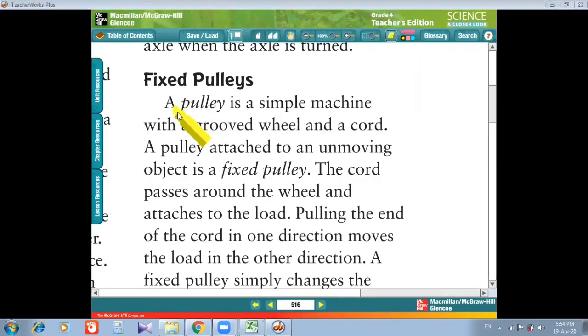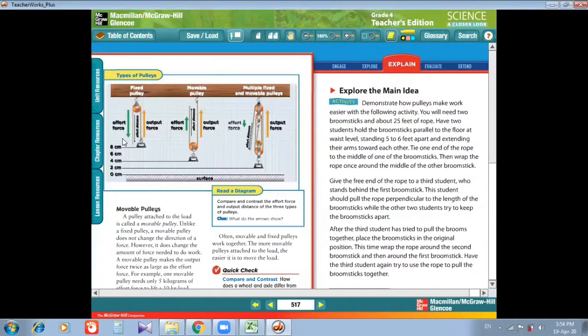Now, what is a pulley? A pulley is a simple machine with a grooved wheel and a cord. In a pulley, you will have one wheel and there will be one cord. Picture I will show you. A pulley attached to an unmoving object is called a fixed pulley. See this one, this is an example of a pulley.